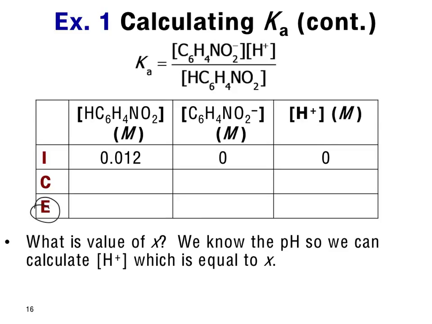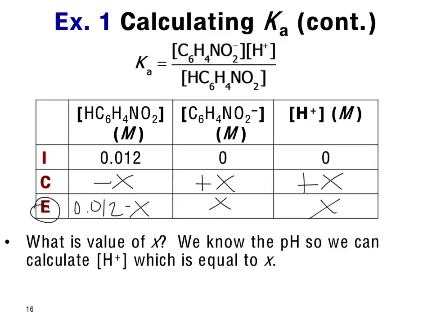All of the compounds in it are 1-to-1. So we know that we're going to get minus X of our acid and plus X of our conjugate base and plus X of the hydroxide ion. So that means that we're going to have this as our equilibrium concentrations.